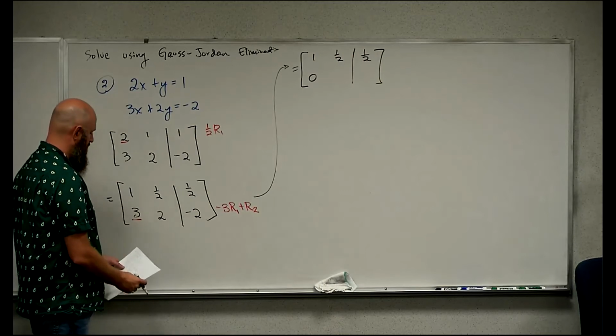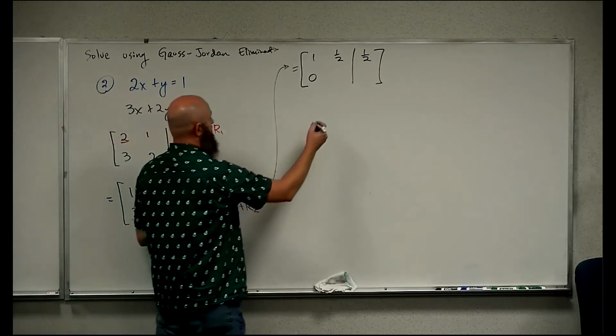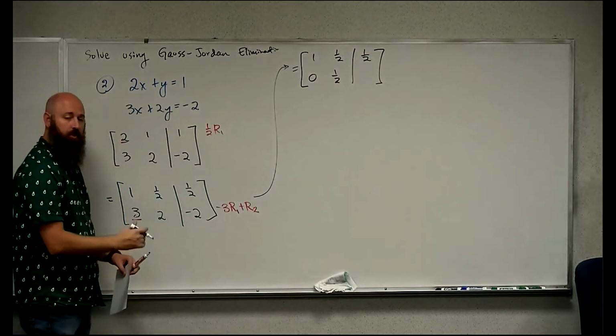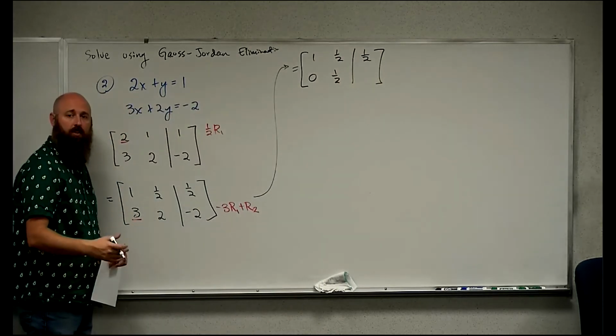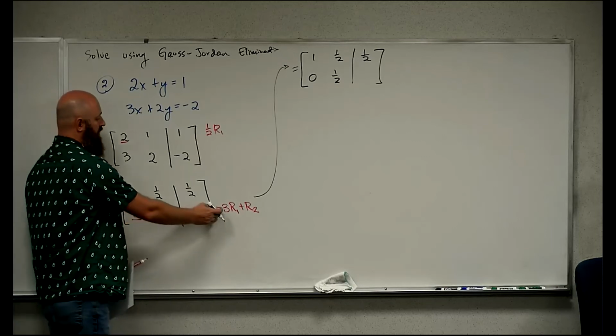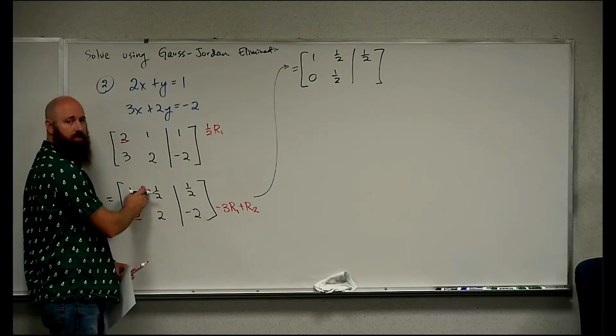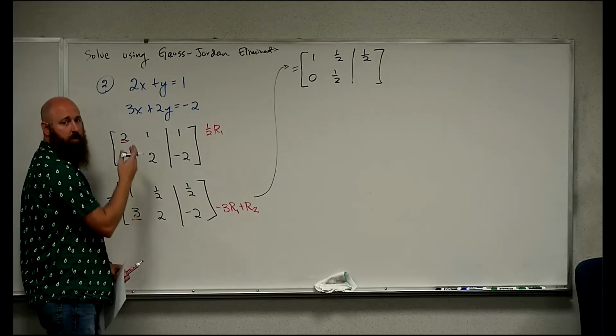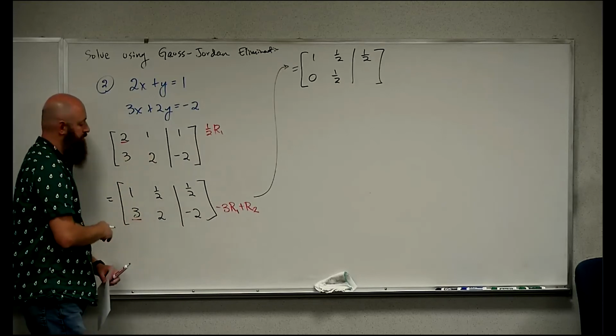So we're going to get 1/2, just so happens. Now, you can do all that math in your calculator, or to the side there. But again, that's going to give me -3/2. 2 is 4/2. So -3 plus 4 is the 1/2.